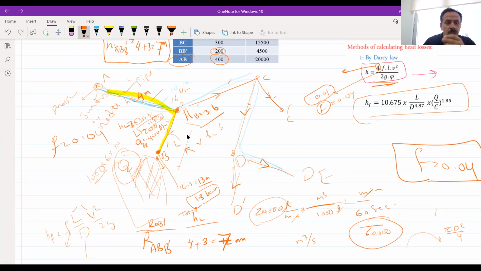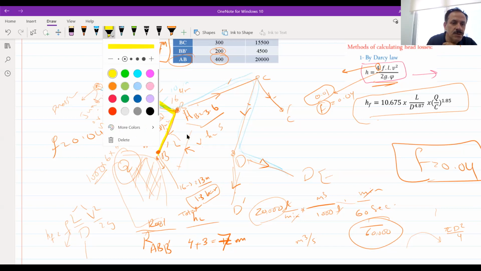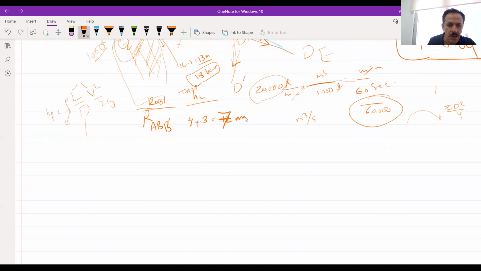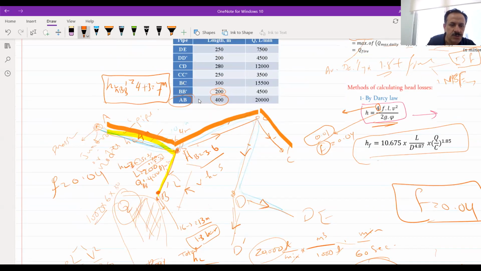Okay, now I will use another route. Here is the other route: A, B, C, C bar. I will find the head loss through that route.